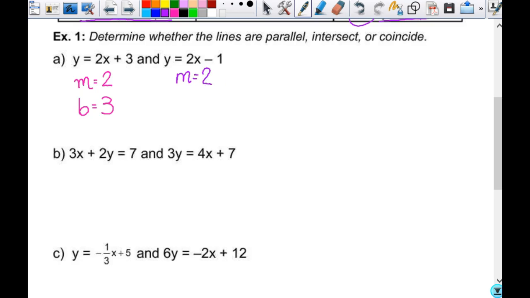So we know they don't intersect. They could be parallel, they could coincide, but what's the y-intercept? -1. So there's the slope and the y-intercept for each one. Are these lines parallel, do they intersect, or do they coincide? They're parallel. So we have to answer that and say these are parallel because they have the same slope and different y-intercepts.